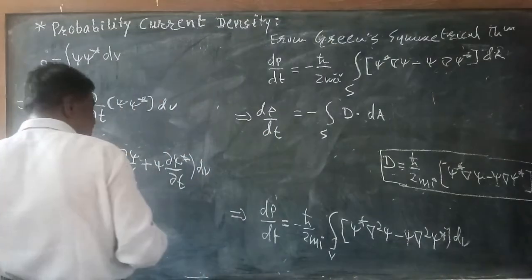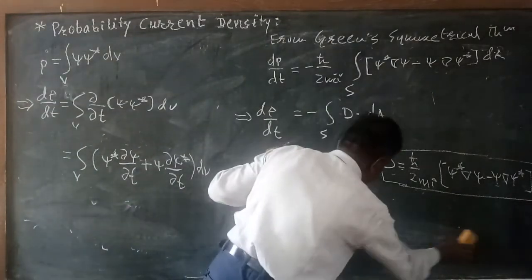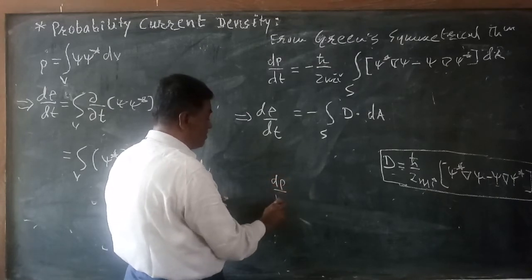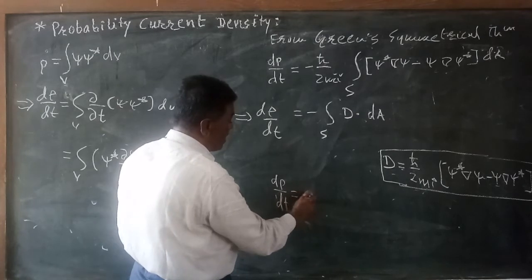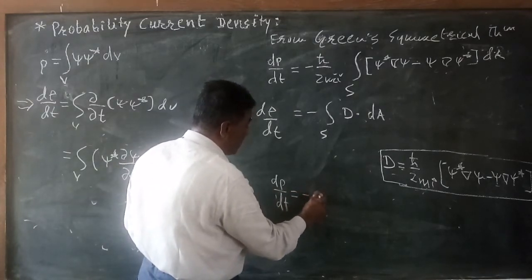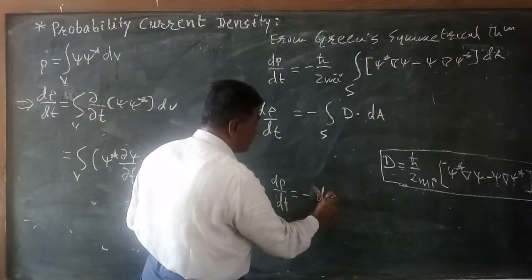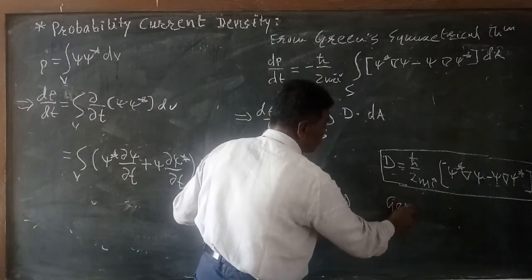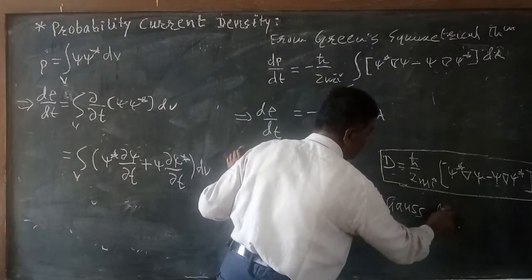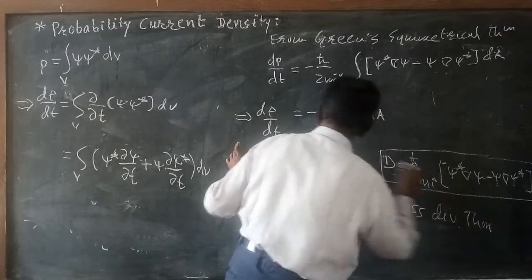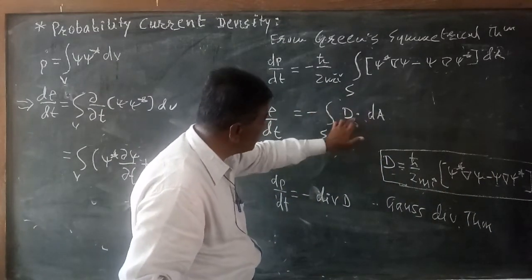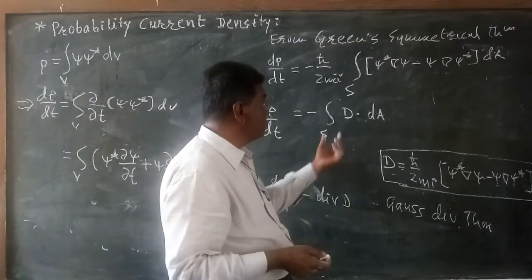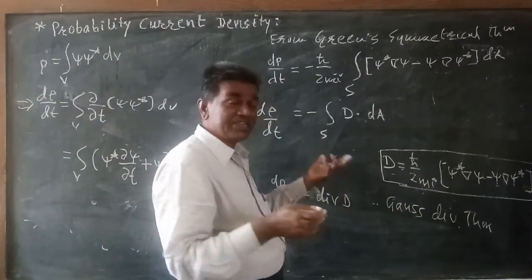Again, from the Gauss divergence theorem, this equation can be written as dP divided by dt equal to minus divergence of D. From the Gauss divergence theorem we simplify this: the minus sign as it is, and this integral gives rise to divergence of D. If it were a cross, then we would get the curl of D. In physics we know the meaning of the divergence and curl of a vector.